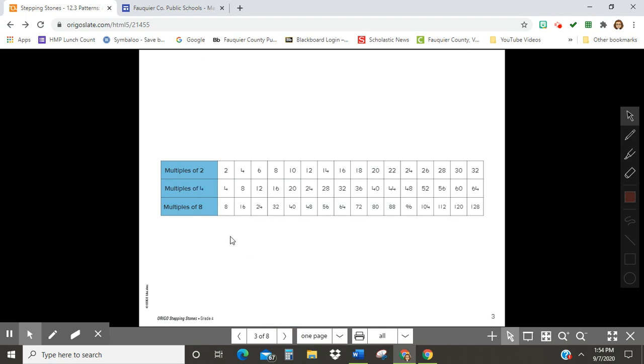Here we have the same table, but now multiples of 4 are on it. Why do multiples of 4 appear in the list of multiples of 8? What do you notice? There's a 4, 4. Look, 8 and 8.